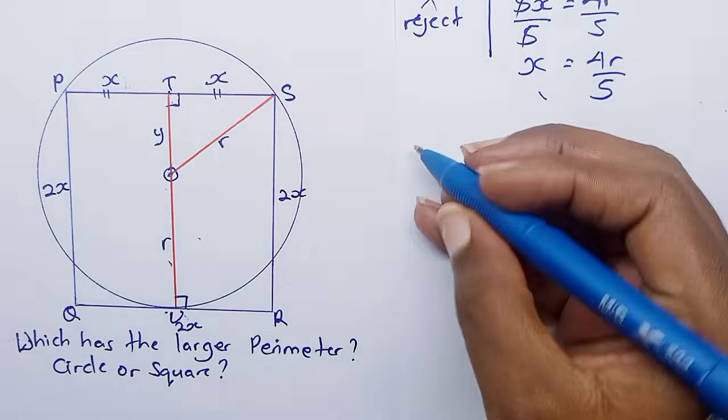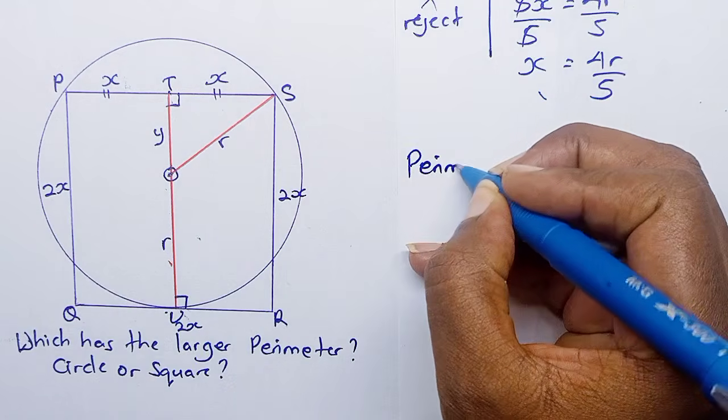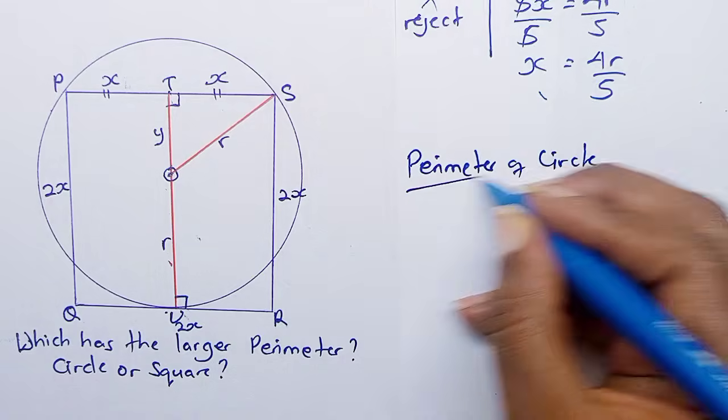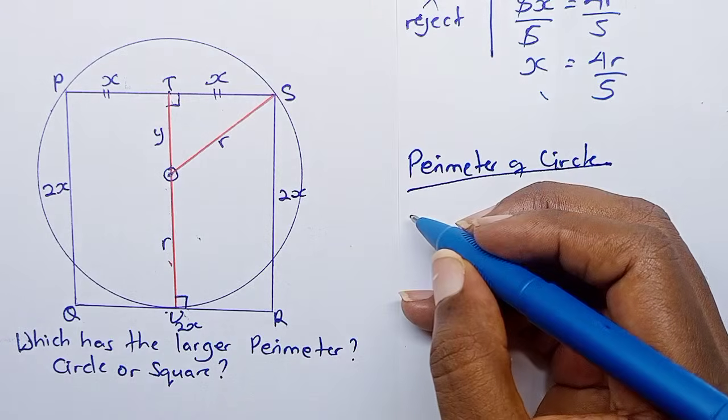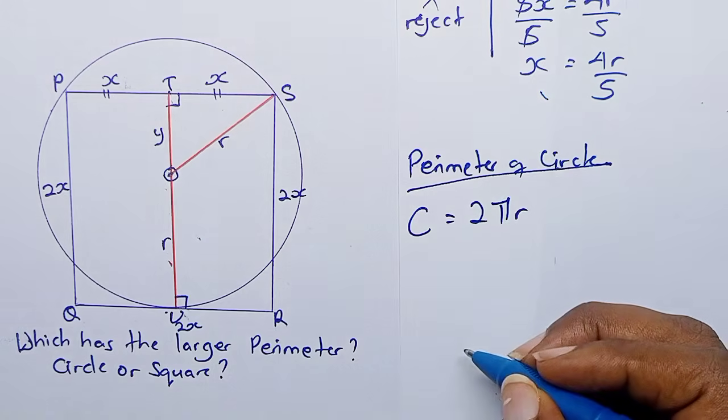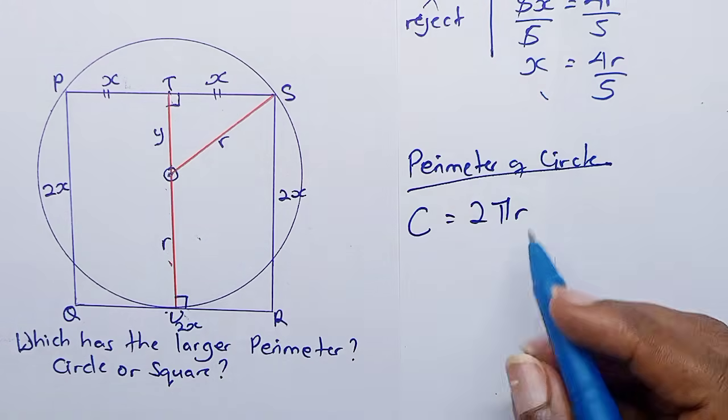So now we know that the perimeter of a circle is the same as circumference. Circumference is 2 pi r. That's how we find the circumference of a circle.